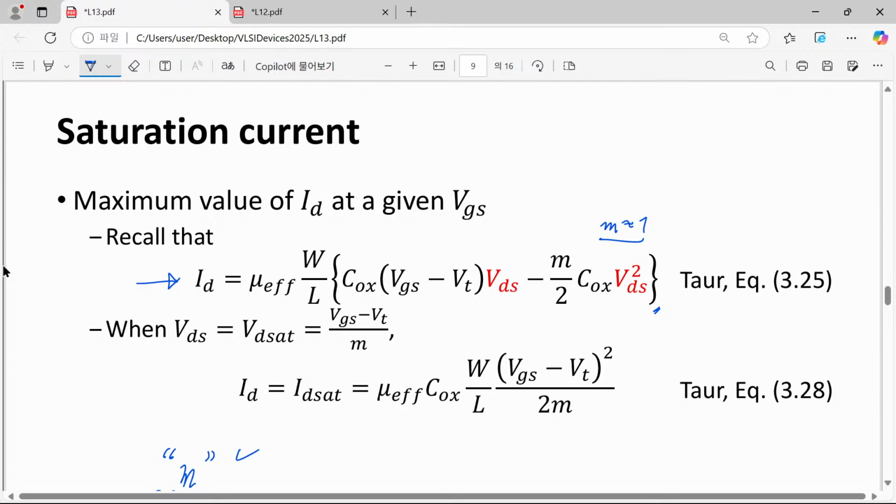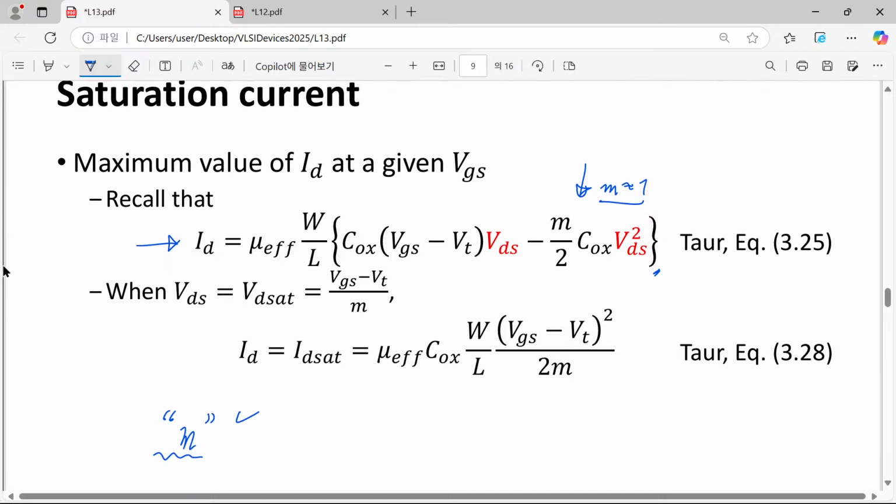Why do we have to have such small m values? The reason why we have to have a minimized m value is nothing related with this current expression. This is not the main part of why we have to reduce m values. In today's lecture, we will see why we have to minimize m down to 1.